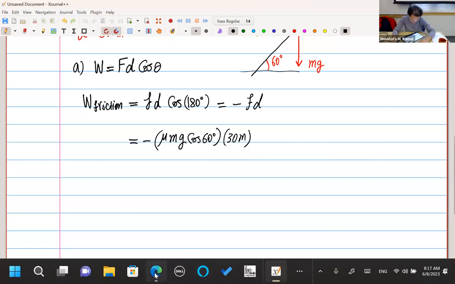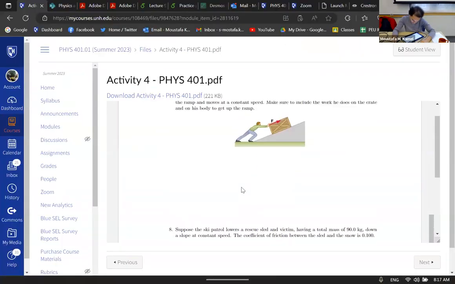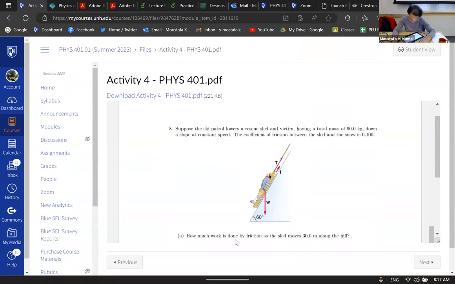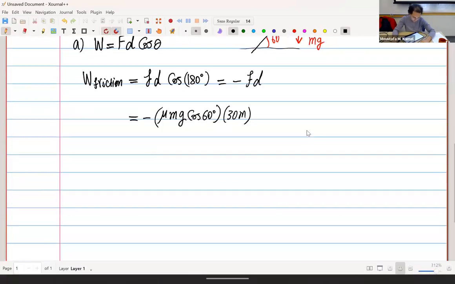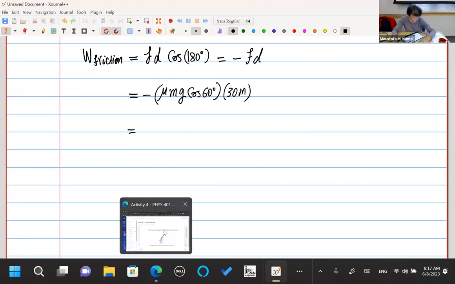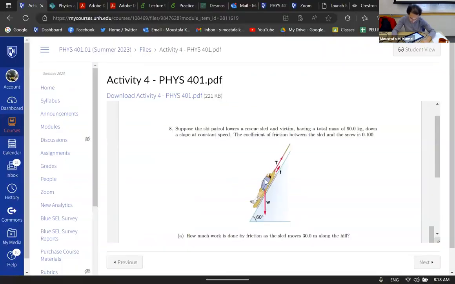The mass of the guy is 90 kilograms. What's the coefficient of friction? 0.1.